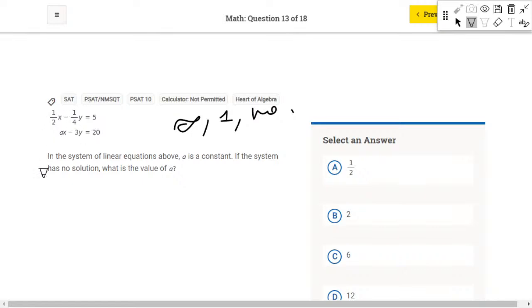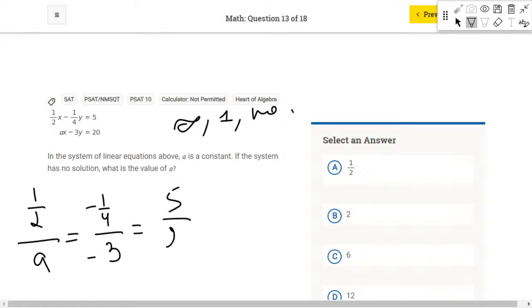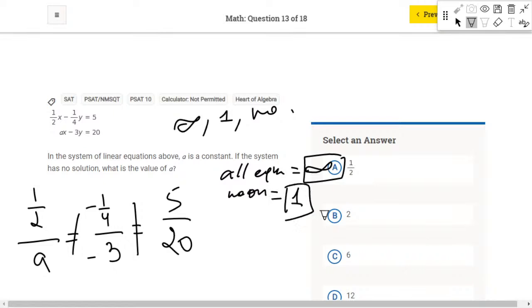So if 1 over 2 divided by a is equal to minus 1 over 4 divided by minus 3, and this equals 5 over 20, if all of them are equal, then this system has an infinite amount of solutions. If none of them are equal to each other, then there's only one solution.